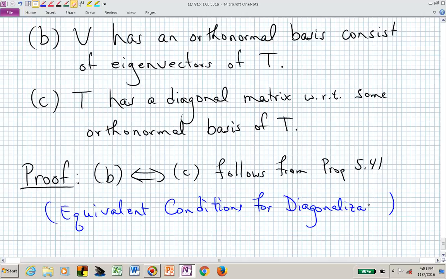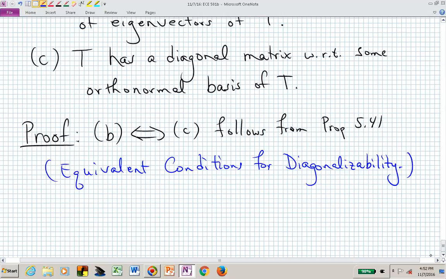So let me say equivalent conditions for diagonalizability. Or in other words, let's not show B if and only if C. Let's just show that A is equivalent to C, and then we'll be good.